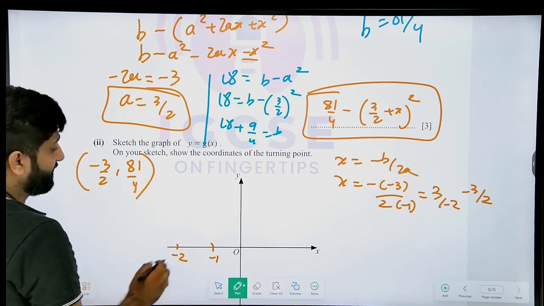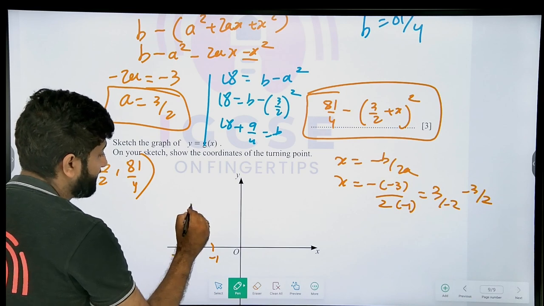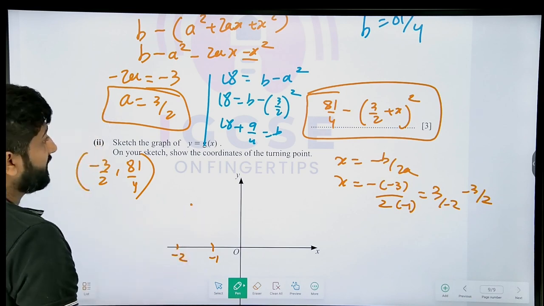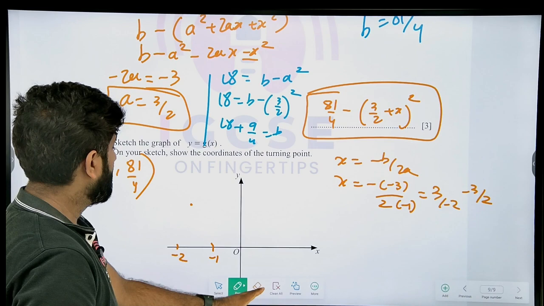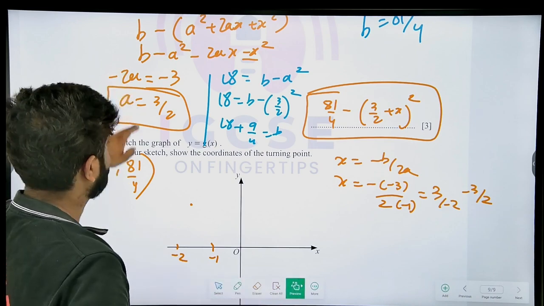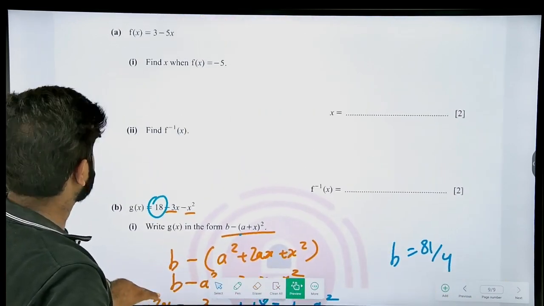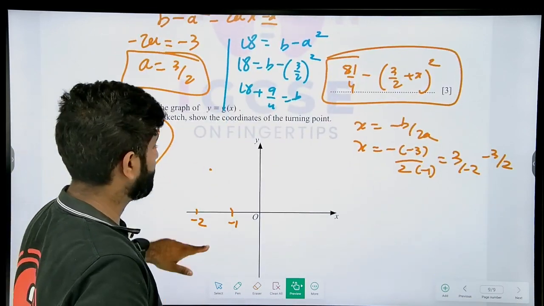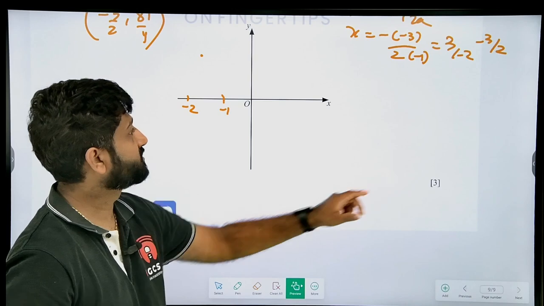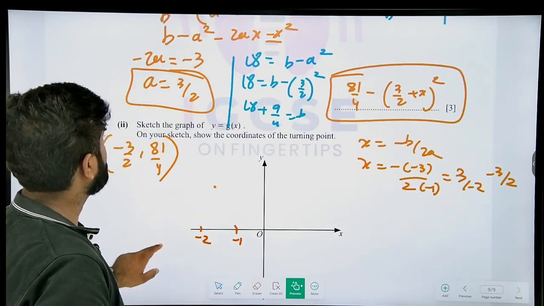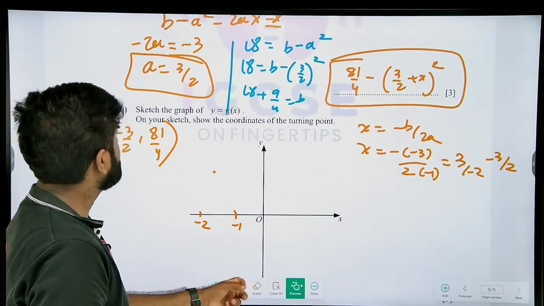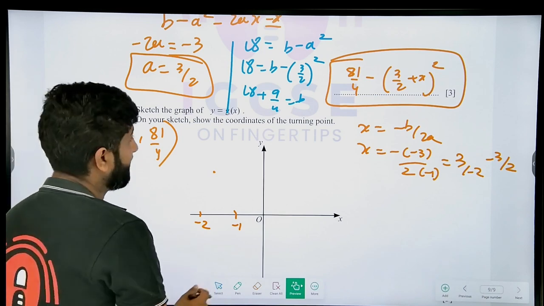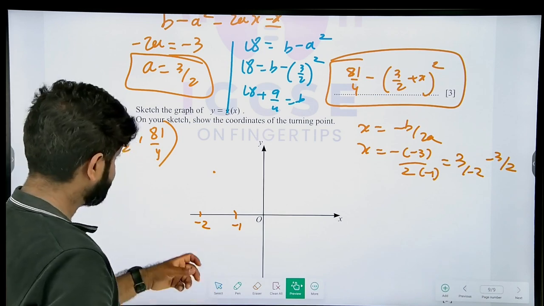And 81 by 4. So it shows that the graph is going somewhere here, right? And what are my intercepts? Can I find the intercepts? I think I can. This question is of 3 marks, so it is better that you do find the intercept.